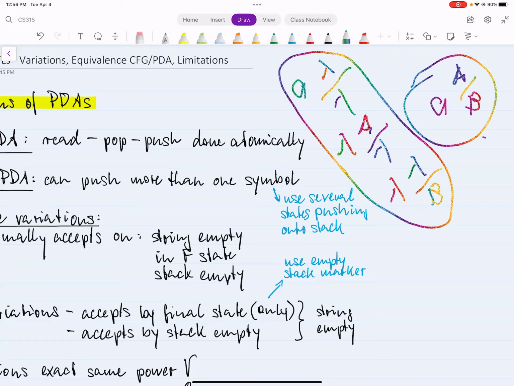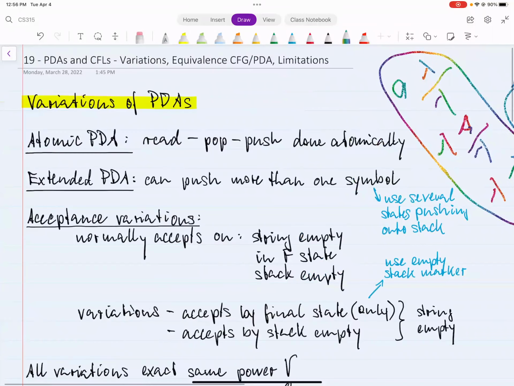So when you go from here to here, what you actually did is you converted your general standard PDA into an atomic PDA. So if you do that with any of the state transitions, what the result is, you have an atomic PDA.